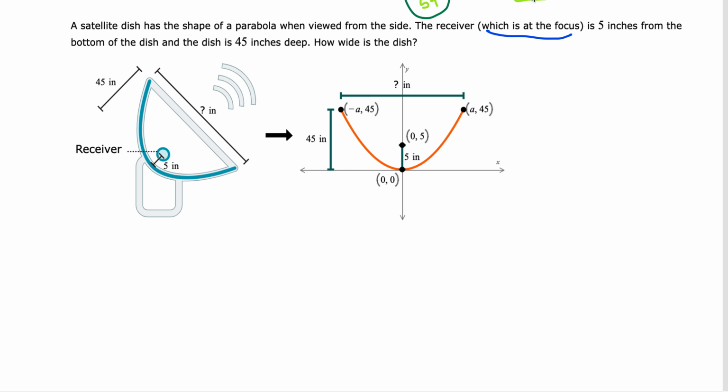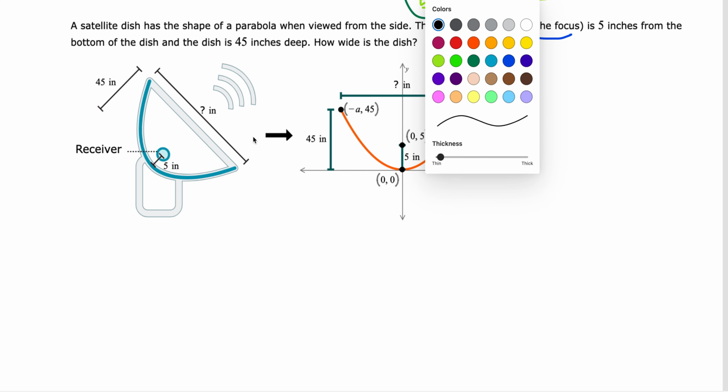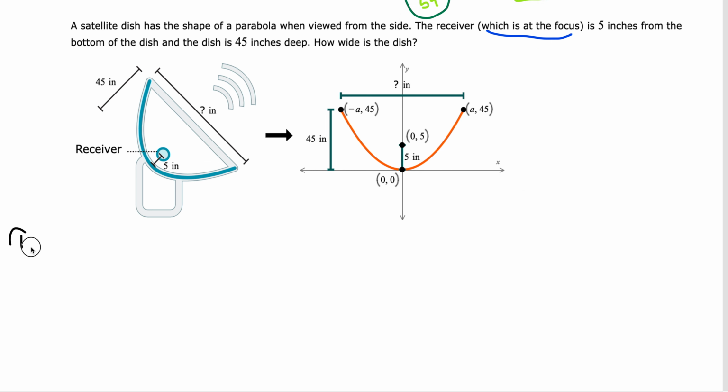Now, this type of problem is almost similar to the last one we did. The first step is to identify the equation we'll be using. Since it's a parabola that goes into a happy face, we know it's going to be the one with x, because, remember, the x is either this or this, right?